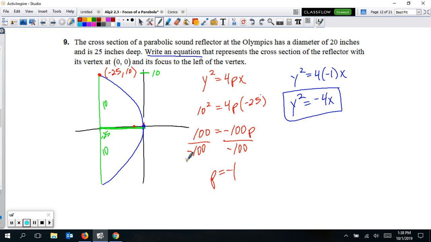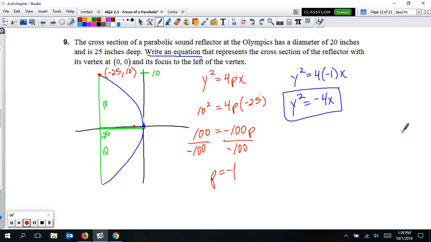And when I divide by the -100, I find out what p is. Again, you're just trying to figure out what p is to write the equation. So p is equal to -1. So now I can just plug that back into this equation up here and say, well, y squared equals 4 times -1. And that's just y squared equals -4x. And I can leave my equation like that.